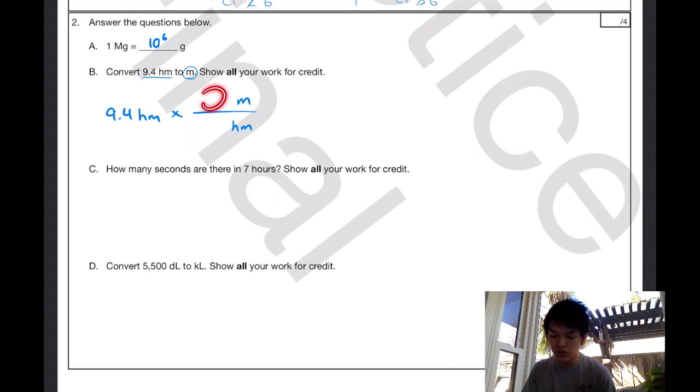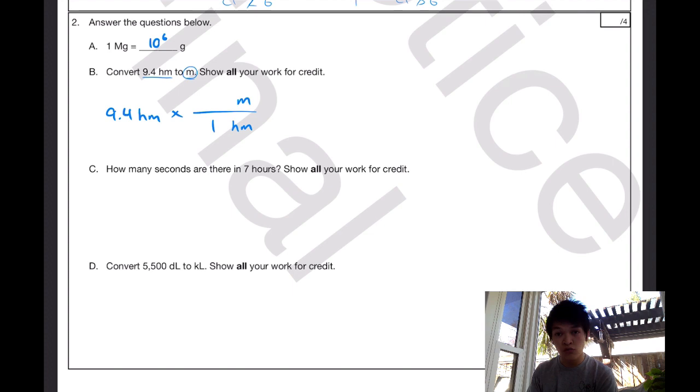The numbers that go here, you would get from the prefix, but remember there is one tip. You always write the number 1 next to the unit that has a prefix. So out of these two, hectometer, hecto is a prefix. We're going to write a 1 in front. And when we see this, we're trying to think to ourselves, okay, if we have 1 hectometer, how many meters is that?